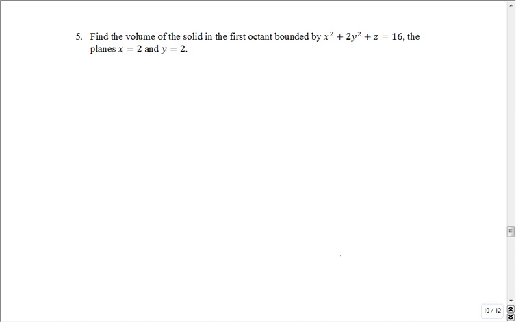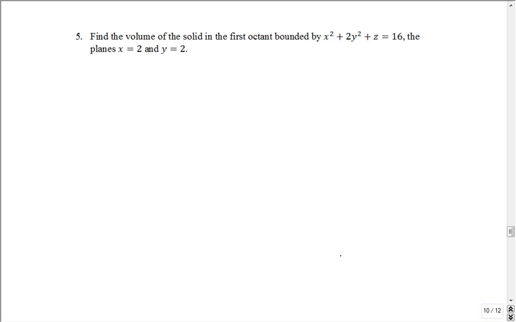Find the volume of the solid in the first octant bounded by x squared plus 2y squared plus z equals 16, the planes x equals 2 and y equals 2. Now, I think I told you that, but let me repeat it again. When we are in 2D, we speak about the first quadrant, right?